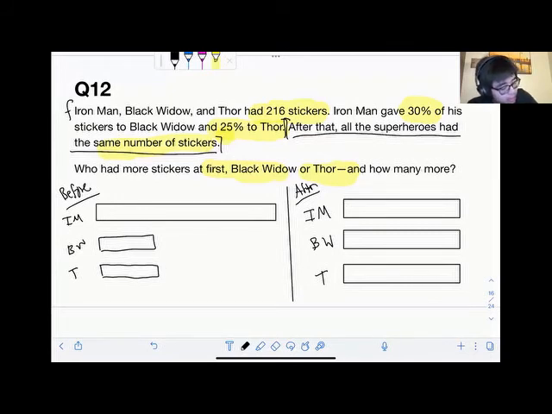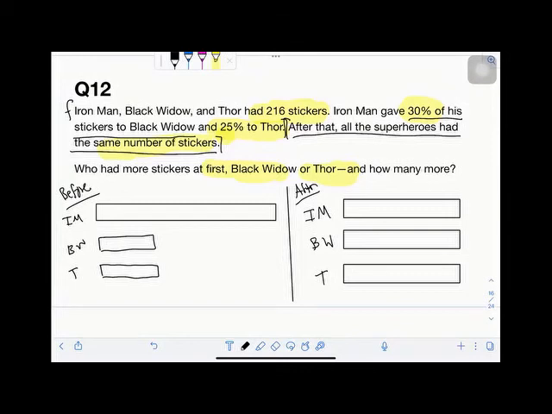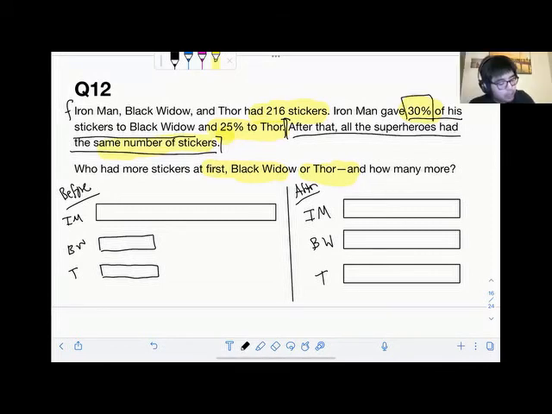Si Iron Man gave 30% of his stickers to Black Widow. So paano ba yun? 30%, 25. Kung ito muna, si 30%, ano yung pinakamadaling gawin? Ma'am Luella, don't look at 25 muna. 30% muna. Ano muna natin, sir, kay Iron Man? Hati-hatiin po muna natin yung box po niya.